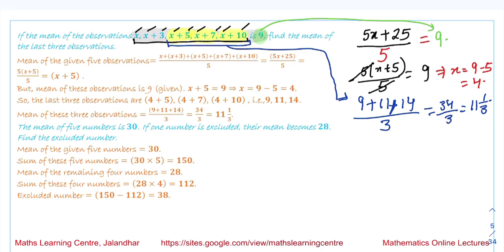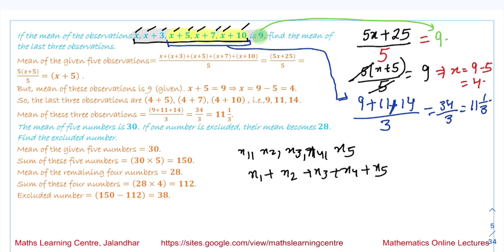Next we are given that the mean of 5 numbers is 30. So there are 5 numbers, say x1, x2, x3, x4 and x5, and their mean is given to be x1 plus x2 plus x3 plus x4 plus x5 over 5, which is 30. If one number is excluded, their mean becomes 28.